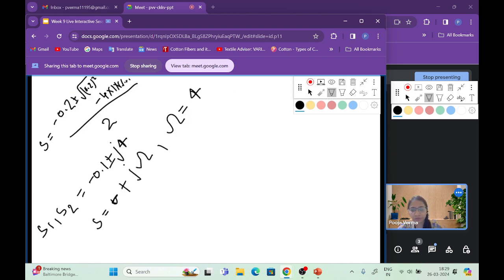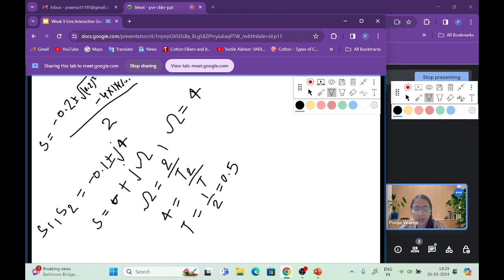Already we have solved that omega is equal to 2 by T. So here omega is 4, so 2 by T, and T is equal to 1 by 2 or 0.5.